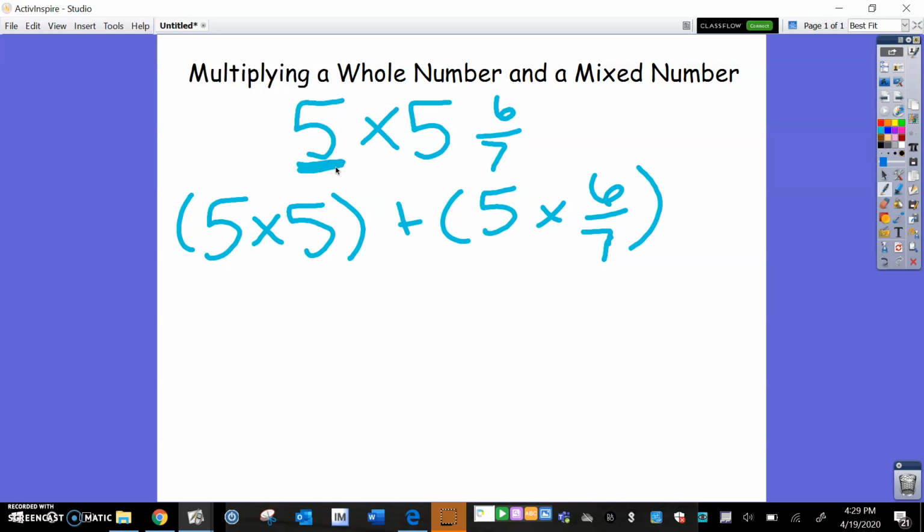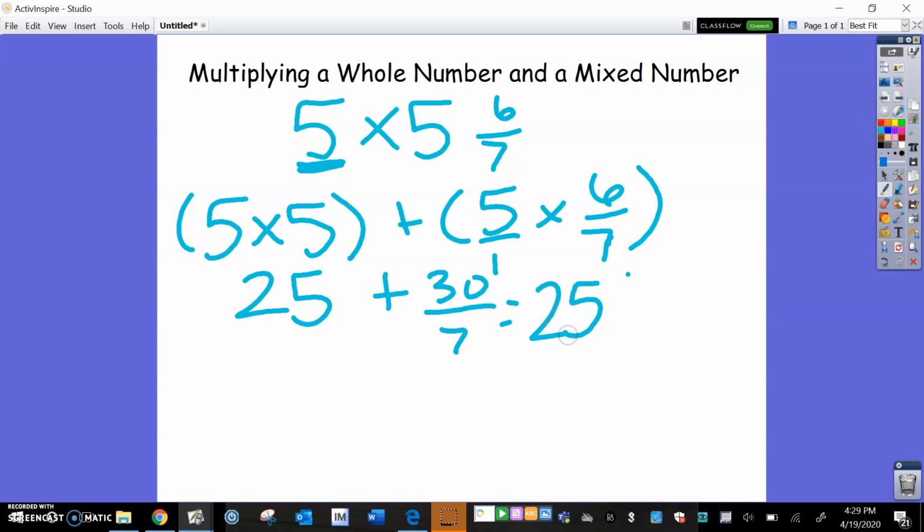Don't get confused, okay? 5 times 5 is 25 plus over 1. 5 times 6 is 30. 1 times 7 is 7. 25 and 37. Now for here, my numbers are very far apart, 30 and 7. I don't want to subtract 7 a million times, so I'm going to skip count.